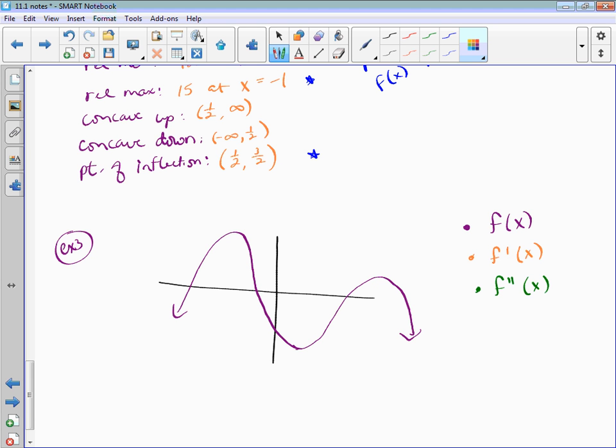Now, this is where you've got to put it all together in your brain, okay? Think about what the first derivative tells you. Think about what the second derivative tells you. Definitely draw the first derivative before you draw the second derivative, okay? How do you draw a derivative? You should be able to sketch it.